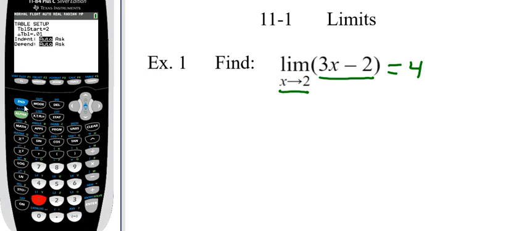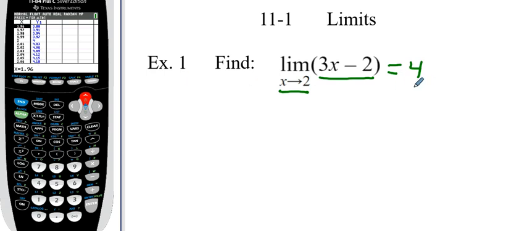Now, above the graph key, you can press second graph, and it'll show you a table of values. And you will notice here with this table that as our x's get closer and closer to 2, our y's get closer and closer to 4. And it happens no matter if you go from the top or the bottom. So this verifies this answer that yes, when x gets closer to 2, y gets closer to 4.